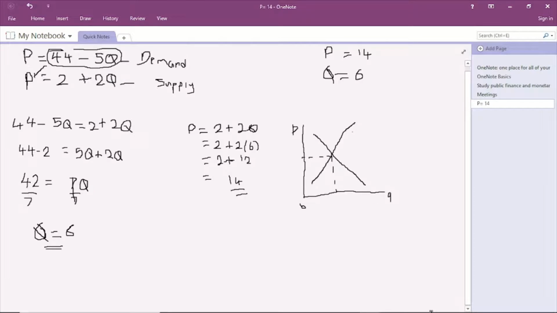This is the supply equation, which is equal to 2 plus Q. Then this is the demand equation.